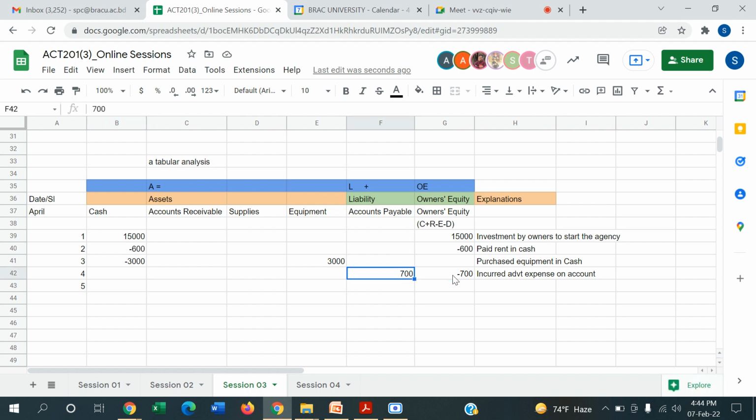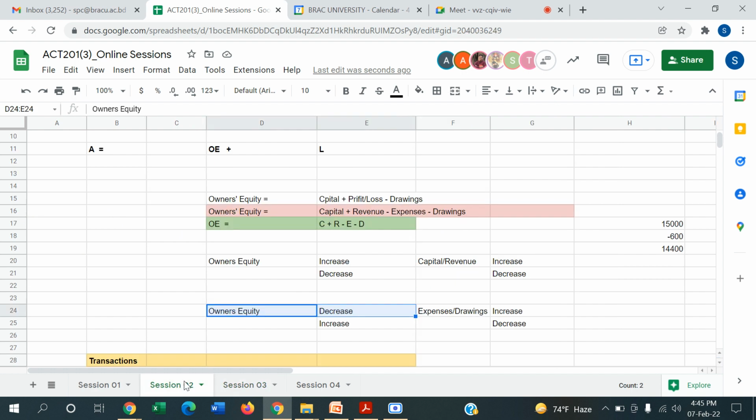So we write minus 700, because there is no expense or advertising account. If you look at cash, accounts receivable, supplies, equipment, accounts payable, owner's equity, there is no expense account. But we know that expense has a relationship with owner's equity. That's why we are adjusting expense with the owner's equity.